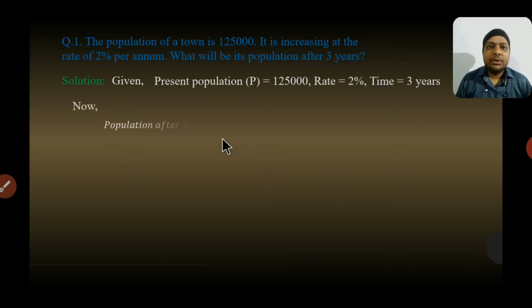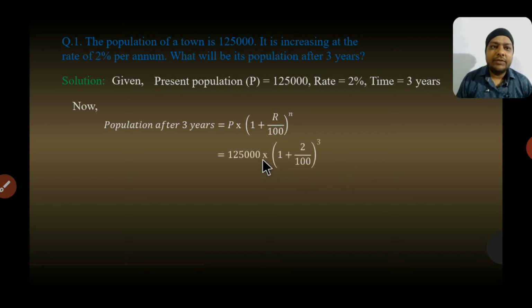Now instead of A we will write the population after 3 years, which is equal to P(1 + R/100)^n. Now let's put the values: 1,25,000 into (1 + 2/100)^3. So we can write 102/100. How?